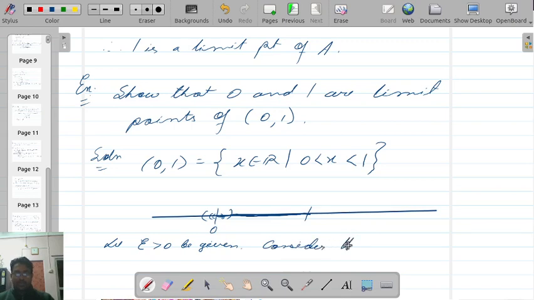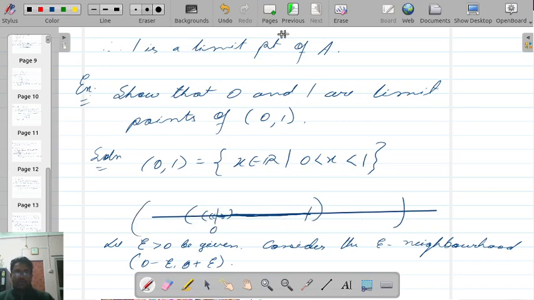Consider the epsilon neighborhood 0 minus epsilon to 0 plus epsilon. Okay, so remember here epsilon is any arbitrary positive quantity. It may happen that this epsilon is quite large.